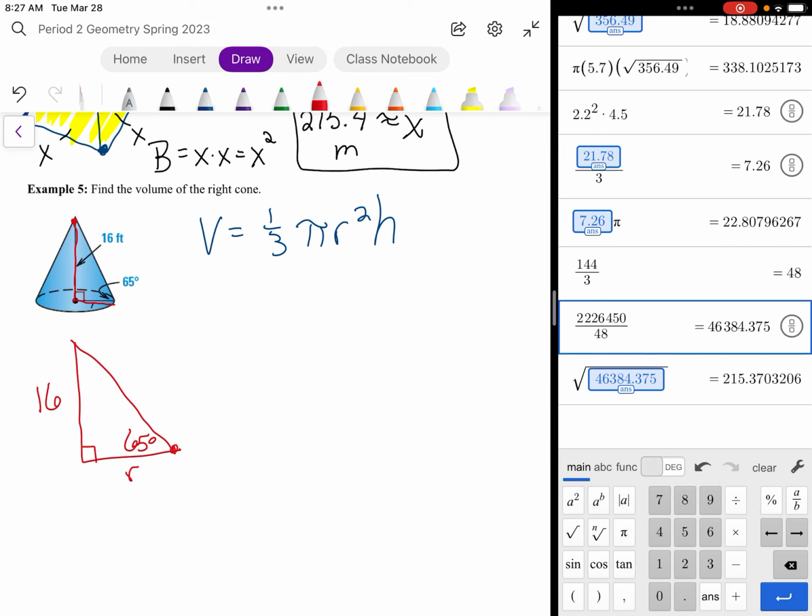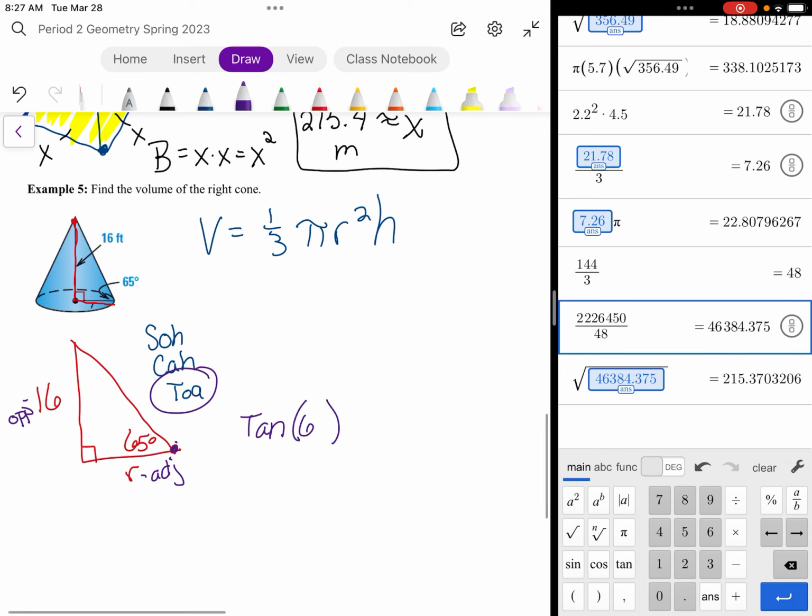We need to find the radius, so we are going to have to use SOHCAHTOA. From the angle they give us, we know the opposite side, and we're looking for the adjacent side. The trig ratio that uses that is tangent. So we do tangent of 65 equals opposite over adjacent, so 16 over r.